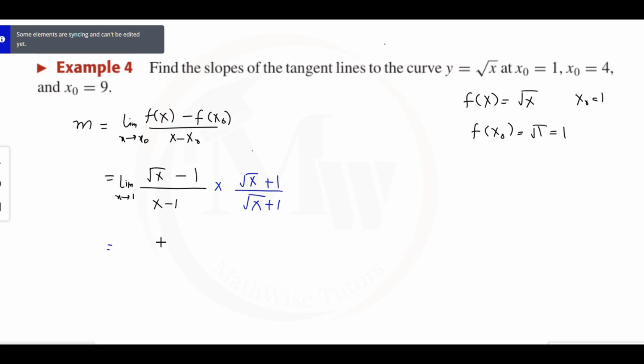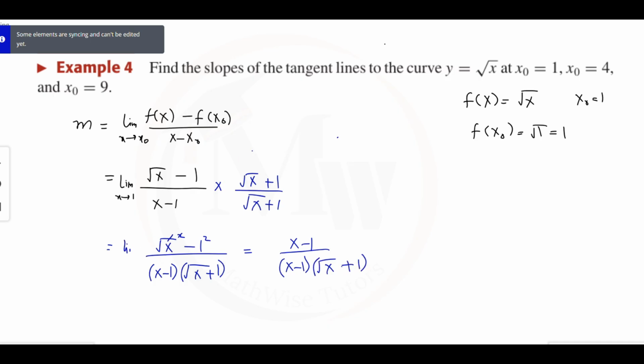If we multiply them, this would give you (square root of x) squared minus 1 squared, divided by x minus 1 times (square root of x plus 1). That's why we multiplied with the square root value, so that the square root term is cancelled out and what is left is simply x minus 1. This x minus 1 will be cancelled with the denominator term. So it will be only 1 over square root of x plus 1.